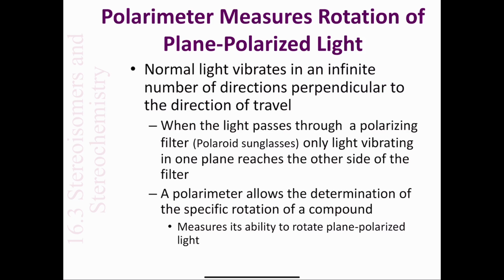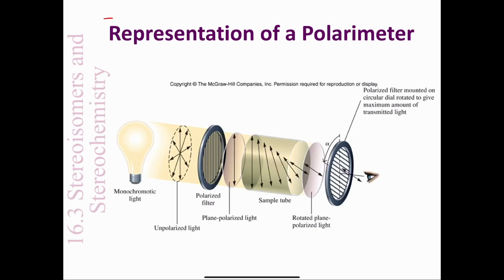The monochromatic light is passed through a polarizing material, like a Polaroid lens, so that only waves in one plane can pass through. That light emerges from the lens as plane polarized light, which consists of light waves in only one plane. And so here we have an example of how an instrument called a polarimeter works.